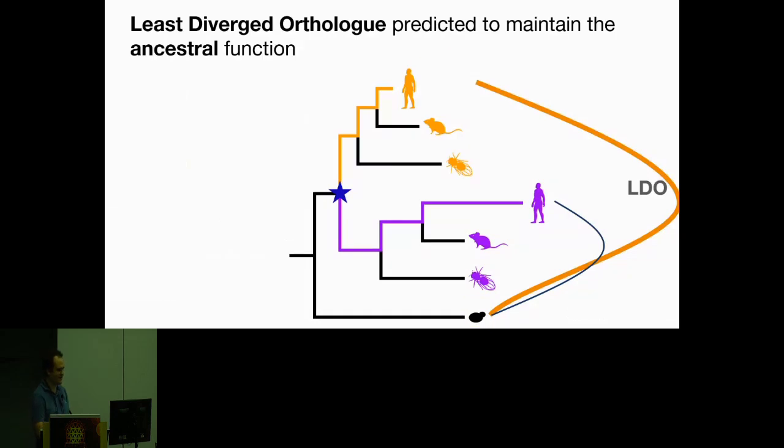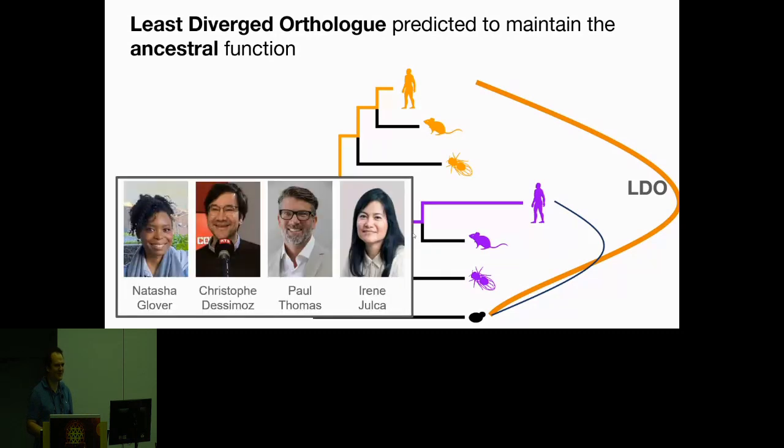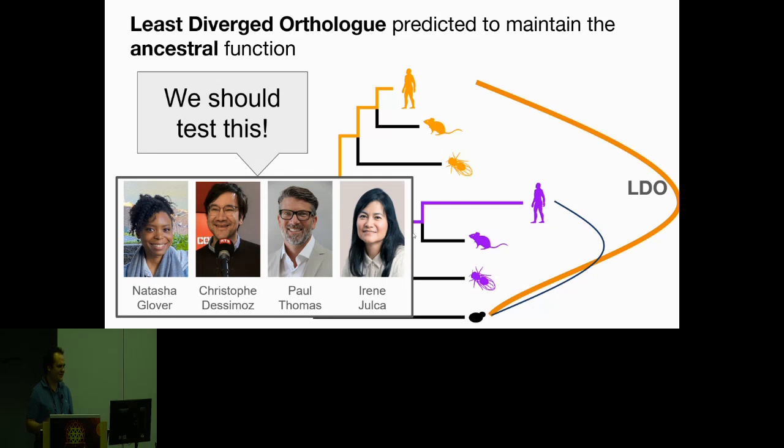In the ancestral gene here, the shorter branch following the duplication event, the assumption is that this is going to maintain this function. Back 2-3 years ago, Paul visited us in Switzerland for a sabbatical, and we all got together, Natasha, Christoph, Paul, and Irene, and we thought, no one's really tested this.